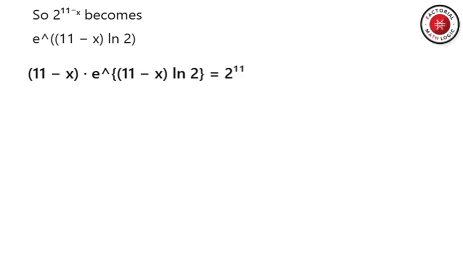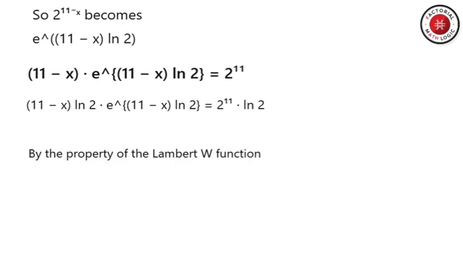To match the Lambert W format, a times e to the a, multiply both sides by ln 2. So (11 minus x) times ln 2 times e to the (11 minus x) times ln 2 equals 2 to the 11th times ln 2.